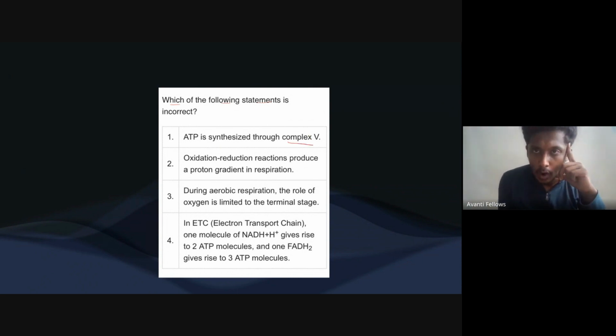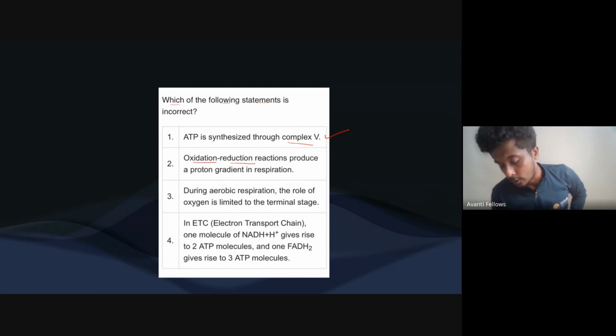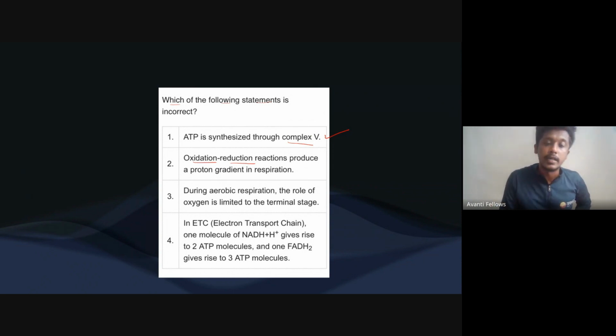Yes, complex 5 has F0 and F1 units, which have ATP synthase and it produces ATP. Correct. Oxidation and reduction reactions produce the proton gradient. Yes, oxidation is happening, that is why the electrons are produced, and it is reducing, that is why the hydrogen accumulation is happening. So that is why it's called the oxidation and reduction process. That is the electron transport chain.